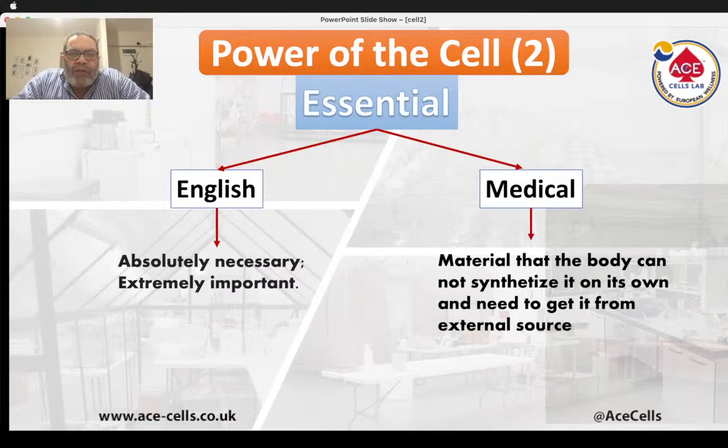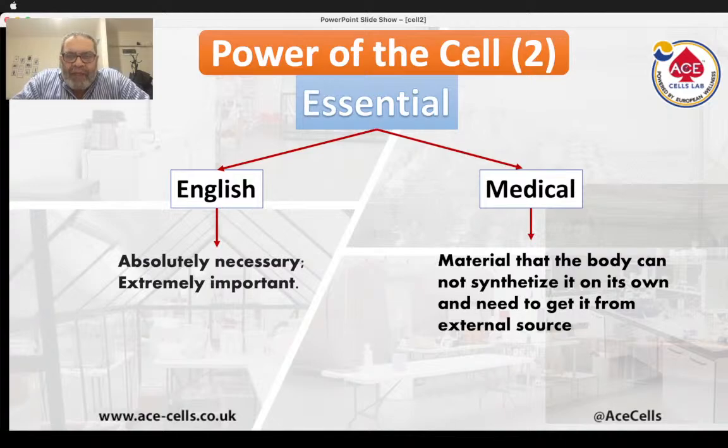If we apply this to the different elements in our body, all of them are essential, because any small element can make us lose our life. Sodium, potassium, magnesium: the imbalance of one of these elements can make us lose our life or cause a severe dysfunction in our body. So essential in English means absolutely necessary, and if we apply this meaning, everything is essential for us. But in medicine, the word essential is different.